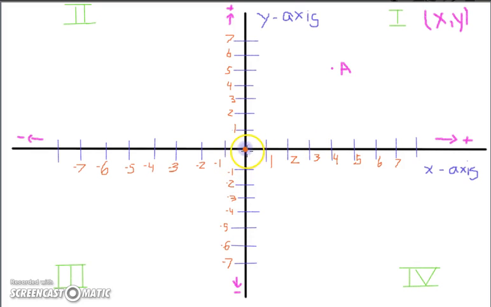Well, first we should start at the origin, and we should go along the x-axis first, because as we said before, the x-coordinate comes first. So we'll start from the origin. We'll go 1, 2, 3, 4, so 4. And that is a positive 4.